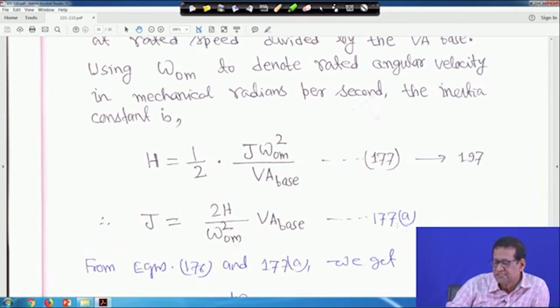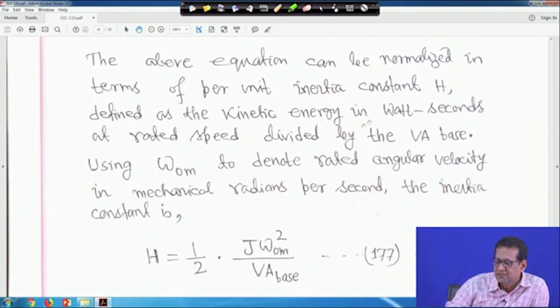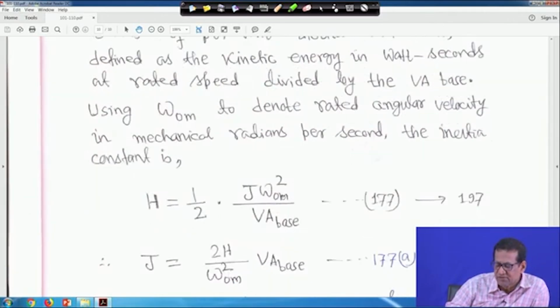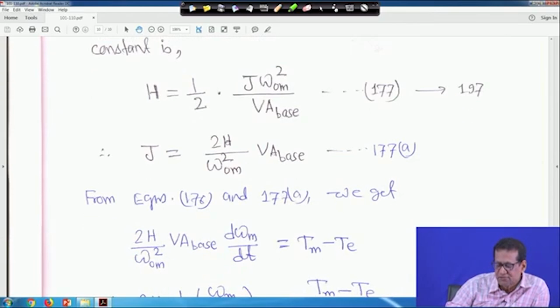This is equation 177a. H is defined as the kinetic energy in watt second at rated speed divided by the volt ampere base.